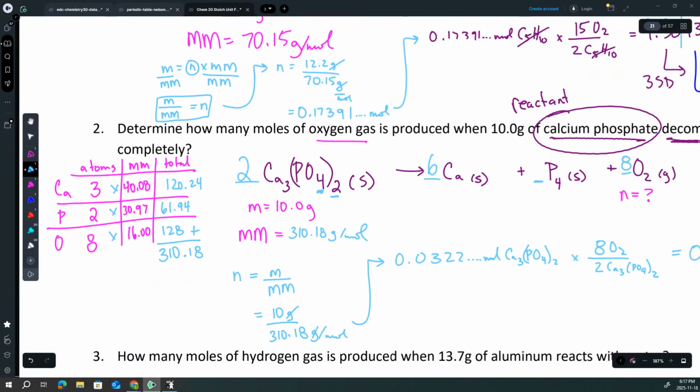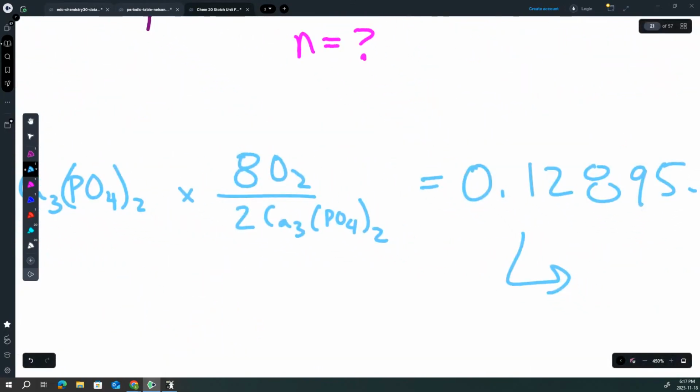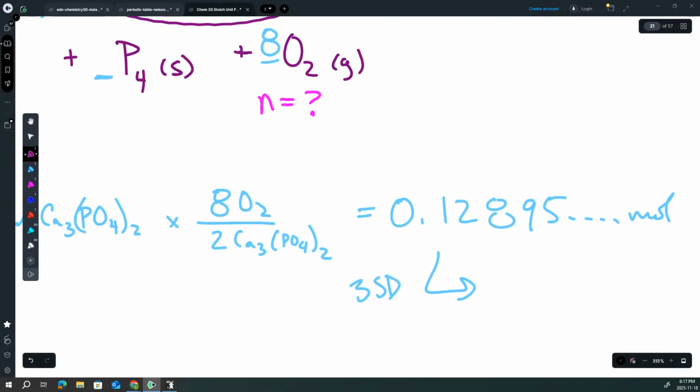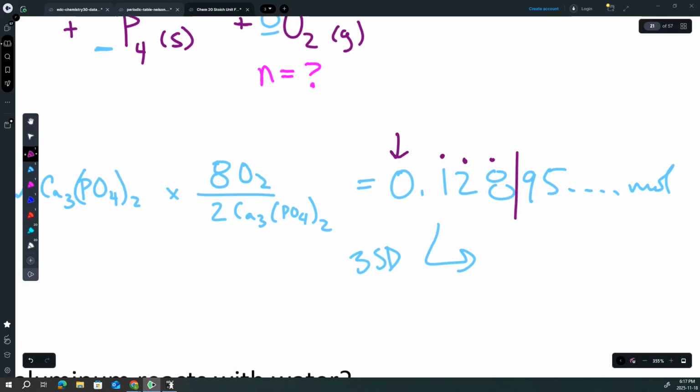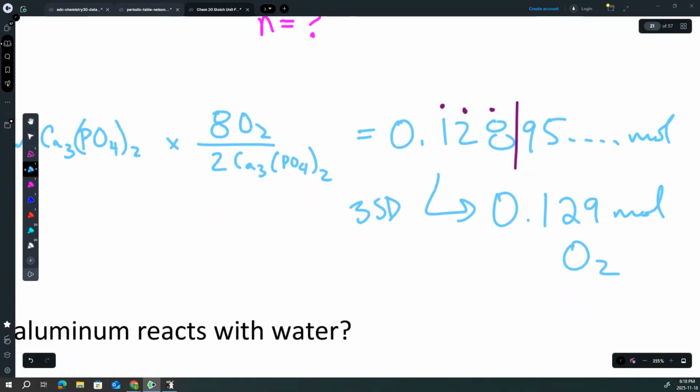So, looking at the question, this number given to us is in 3 sig digs. So I need to put my answer in 3 sig digs, so I'm counting 1, 2, 3. There we go. Remember, leading zeros do not count as significant. All right, so that's going to leave us with 0.129, and that's moles of oxygen.